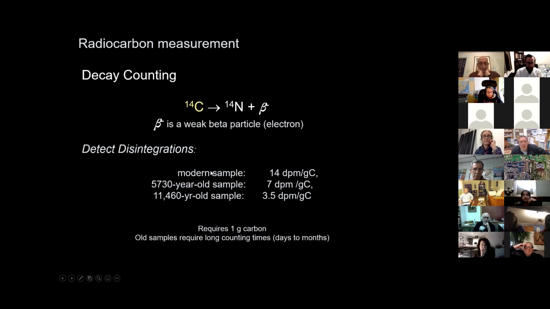So a modern sample that's 100% modern, 0 years old, the decay rate of those natural materials is 14 disintegrations per minute per gram of carbon. And then just by definition, something that's exactly 1 half-life old has half the disintegration rate per minute, and 2 half-lives old, et cetera, on down.